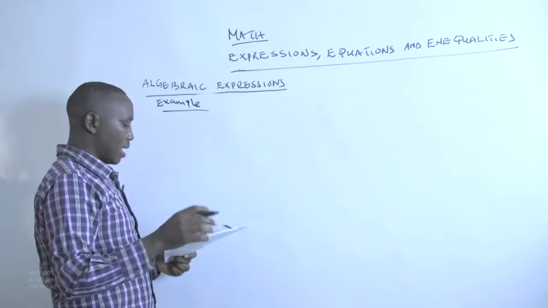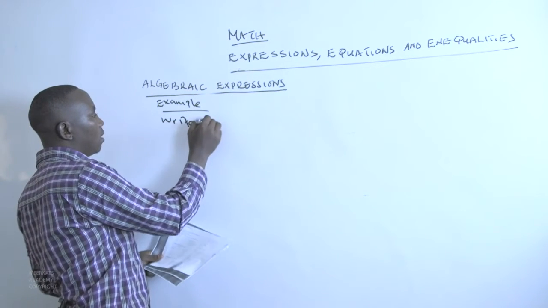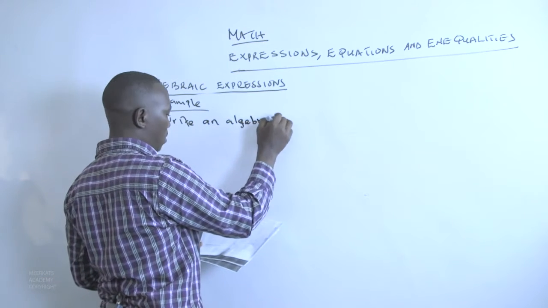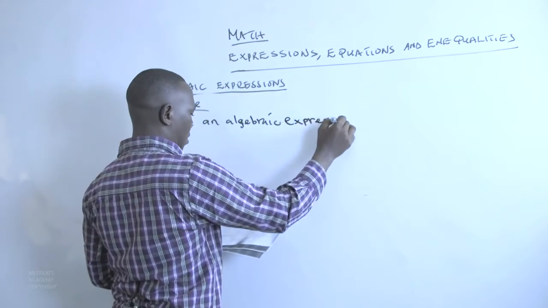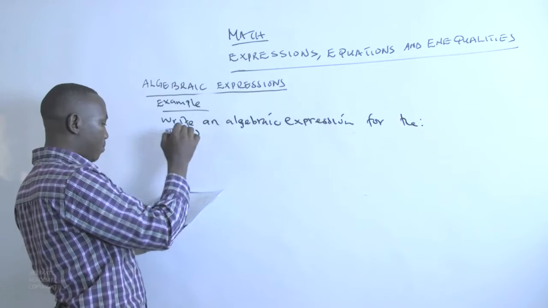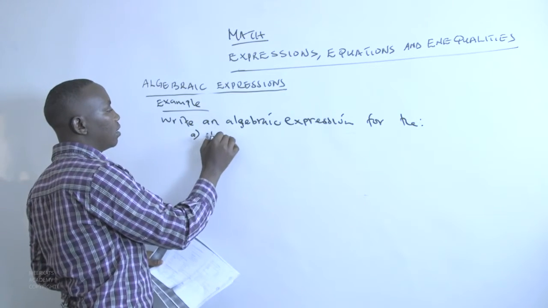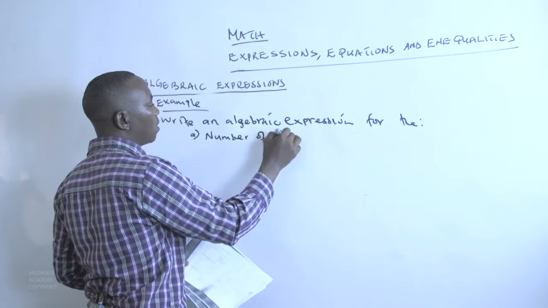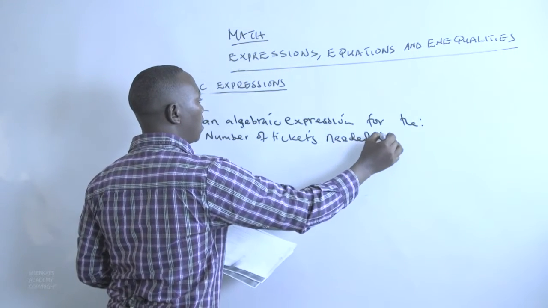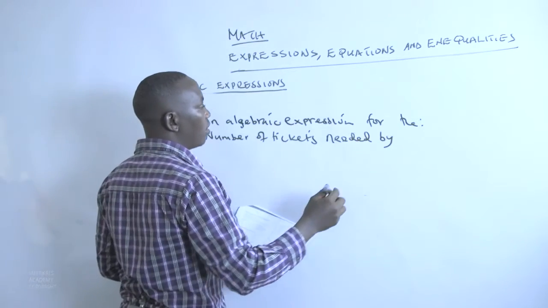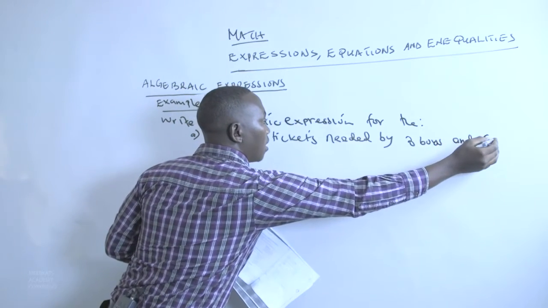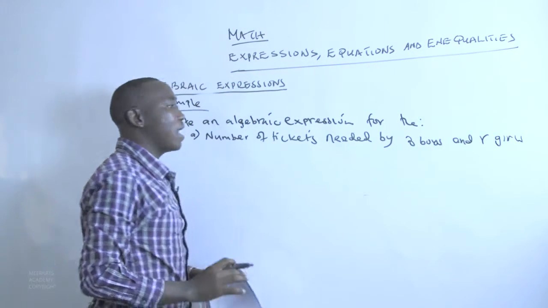Example, write an algebraic expression for this one: number of tickets needed by 3 boys and r girls.